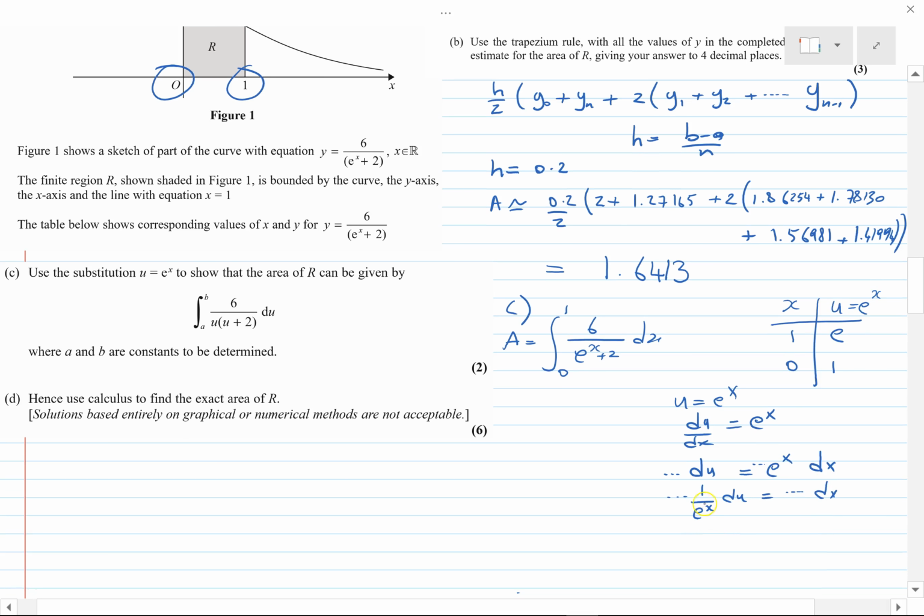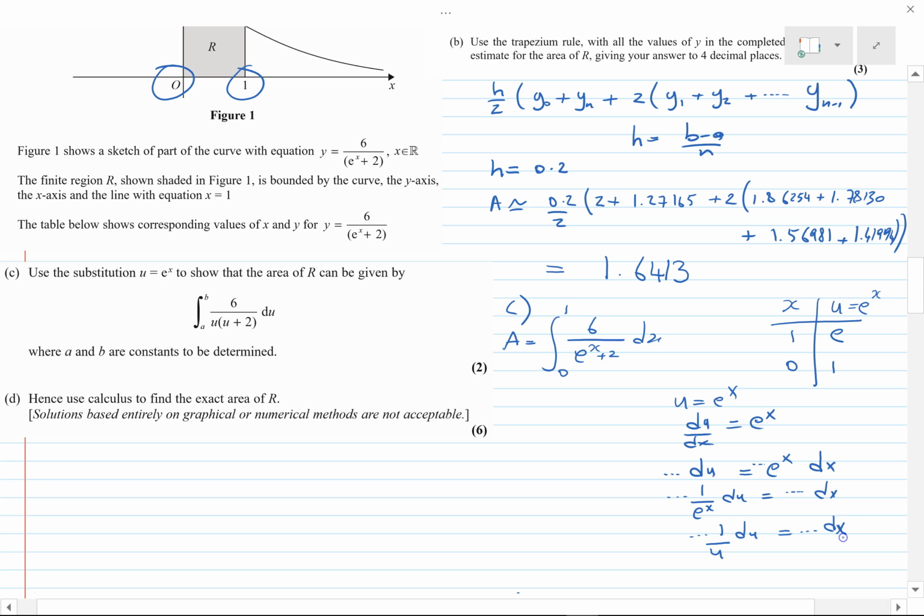And we wanted it all in terms of u, so it would be better to do that now. 1 over u du is equal to dx.